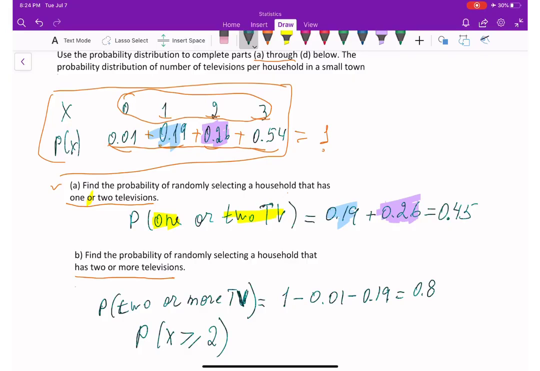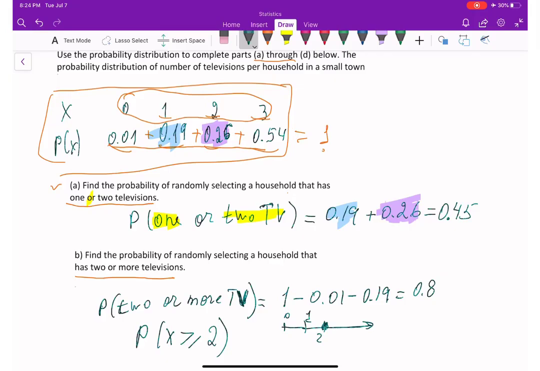Wait a minute, let me make sure. 2 or more, but we don't know how many, right? It can be just 2, it can be 2 and 3. But what we do know that 2 or more, meaning what is left there? If this is 2 or more, then I have left what? 1, and I have left 0, yes?